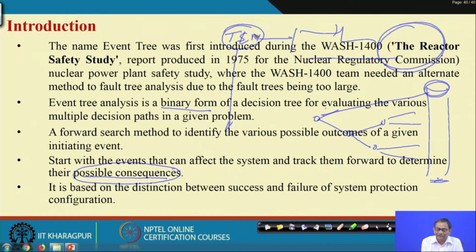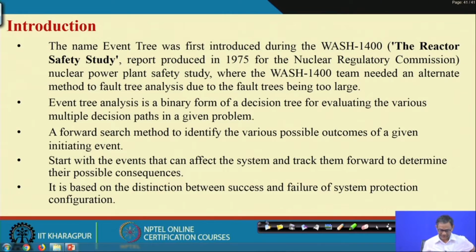Now, if someone does not use the top level, maybe at some bottom level failures, they will start from there, and similar branching is possible from there also, which means an event tree can do the work of a fault tree also. Okay. So, that is why it is an alternative approach that was developed.